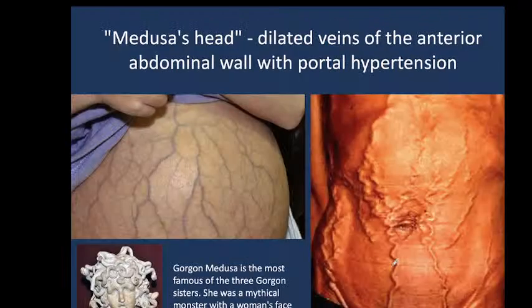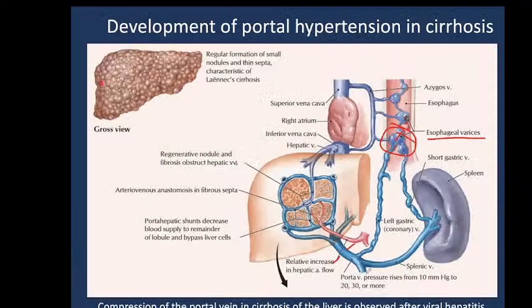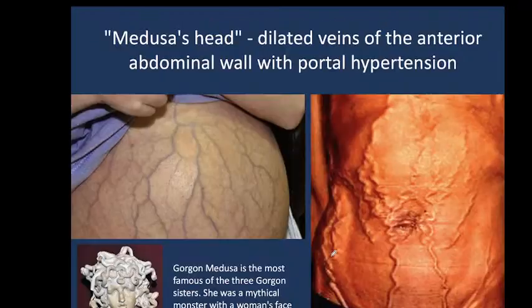And another symptom during portal hypertension, we call this symptom of increasing pressure inside of portal system portal hypertension.